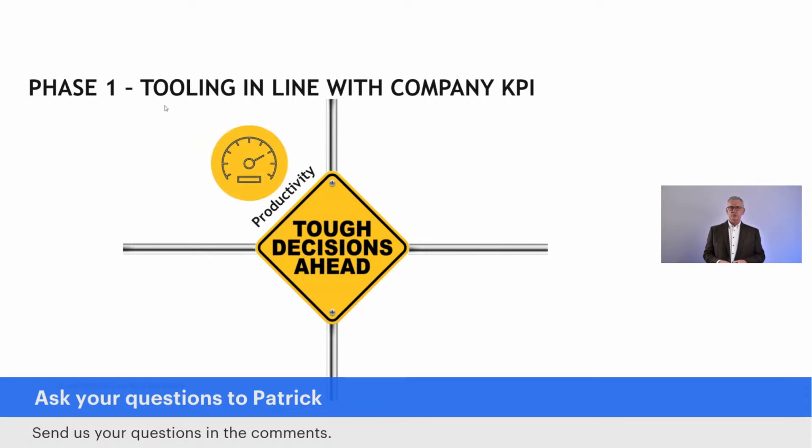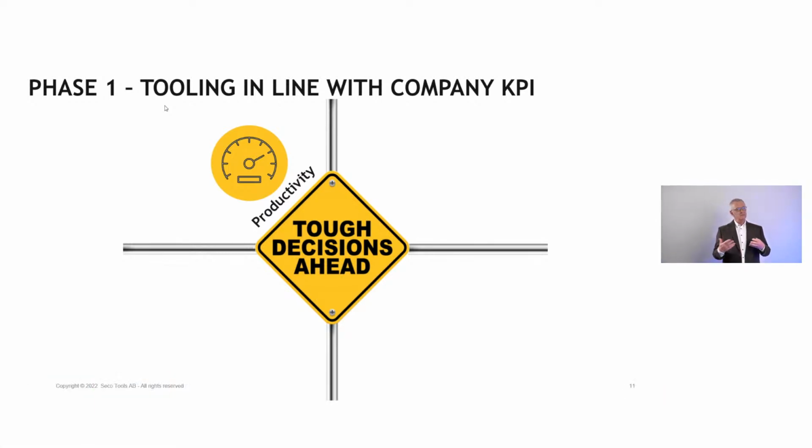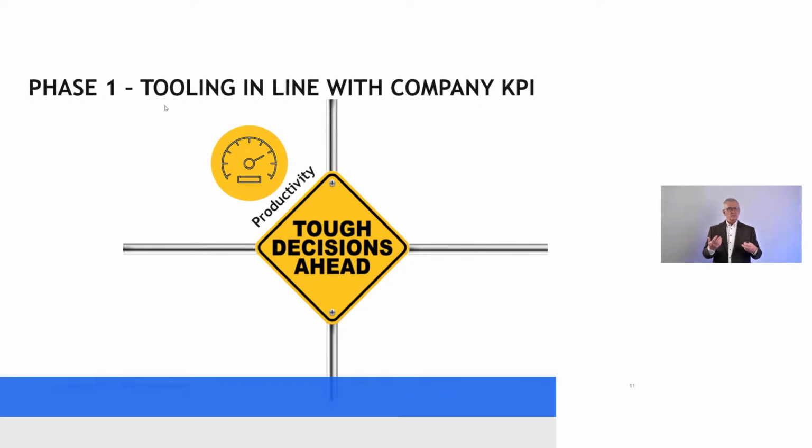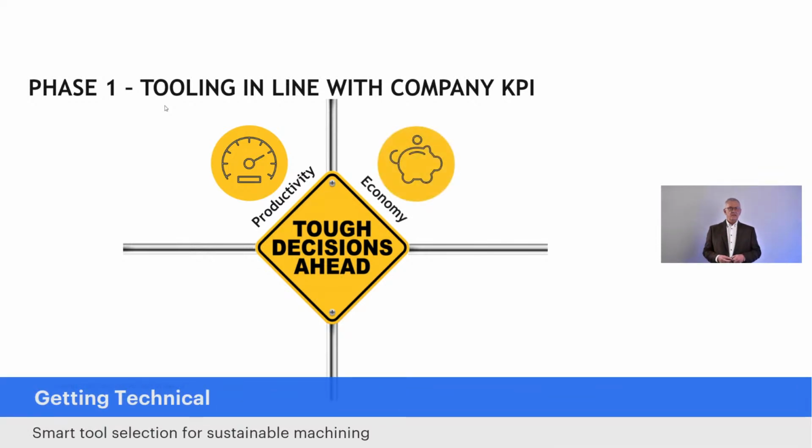And it's important because a company KPI can be productivity. Productivity is basically talking about time efficiency, do the best possible with the available time. Another KPI for a company can be more towards economy, the cost efficiency. Make as much as possible out of every euro you invest in your company. Another company KPI can be about quality.